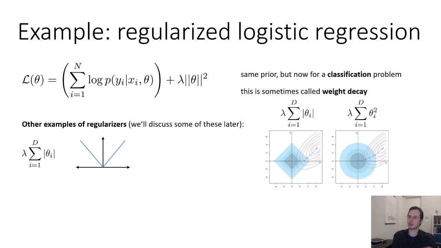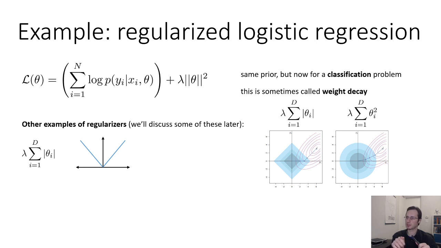One of the things that this absolute value regularizer does is it encourages as many entries as possible in the vector theta to be 0. It encourages what are called sparse solutions, ones where not all theta dimensions are used. The reason for this is a little bit tricky to understand at first, but there's a geometric analogy that can help. So here I have two pictures, and let me explain what these pictures mean.